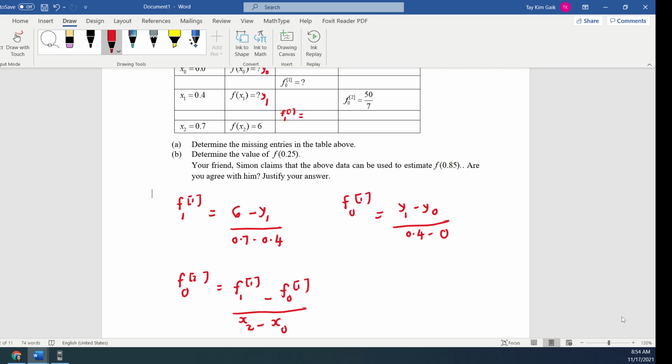Because the first level is x1 minus x0 without any gap, for the second level you have one gap, x2 minus x0. Then you plug in f11 here. f01 is y1 minus y0, 0.4 minus 0 is 0.4.